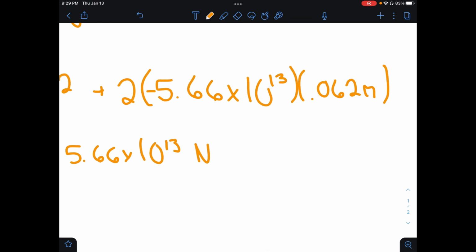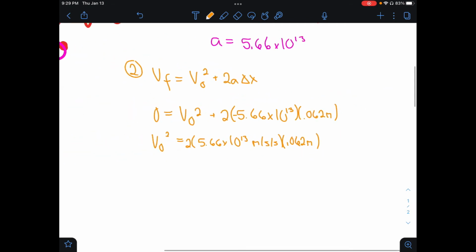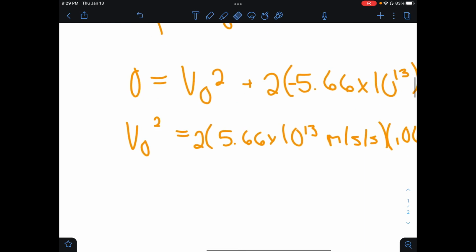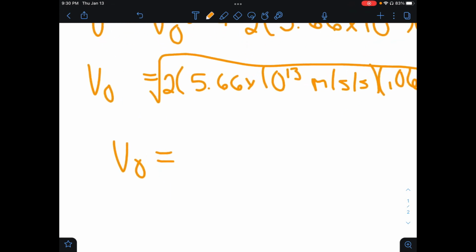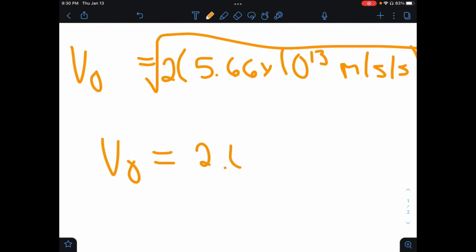This is meters per second squared, times 0.062 meters, and you can see how once I take this root, it'll go from meters squared over second squared to meters per second. Now I can erase the 2 there, just take the root right from here to get our answer: 2.65 times 10 to the 6 meters per second.